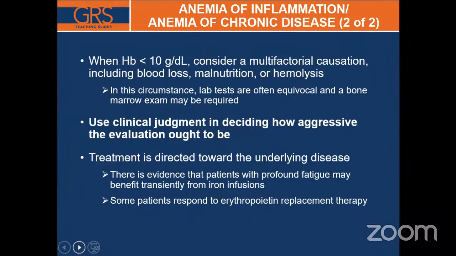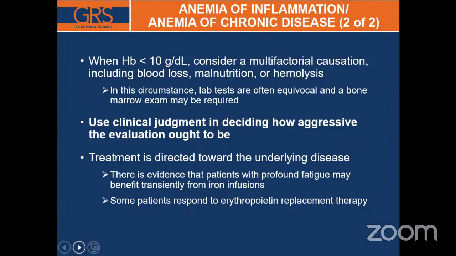So in circumstances like this, a bone marrow examination may be required. In cases like this, we always have to use our clinical judgment in deciding how aggressive the evaluation should be with regard to the bone marrow examination.